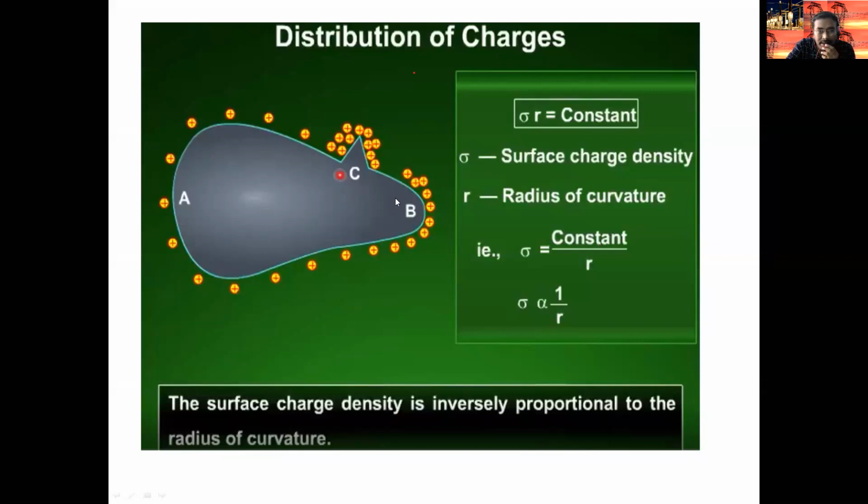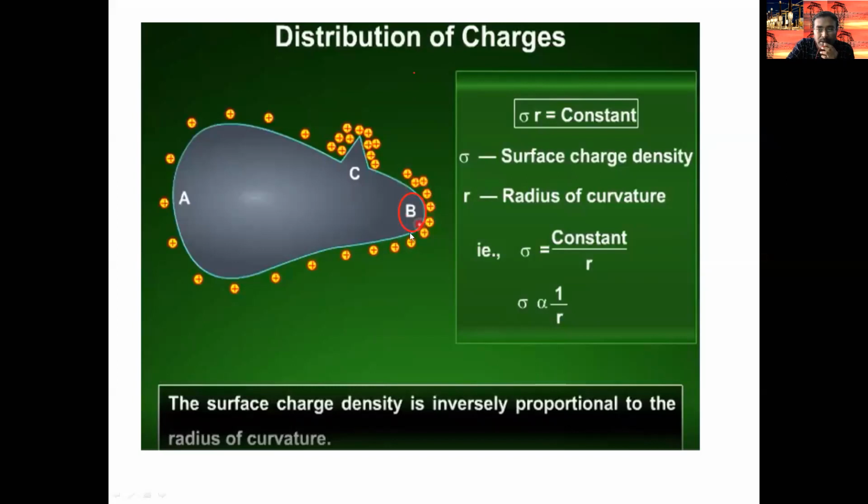But here at B and C, the radius of curvature is less. Like this, only this much radius is covered. It's clear. That's why, as this radius of curvature is less, the distribution of charge is more here.